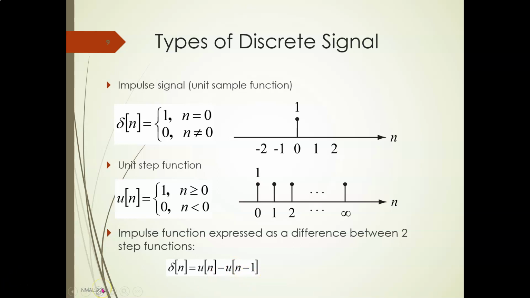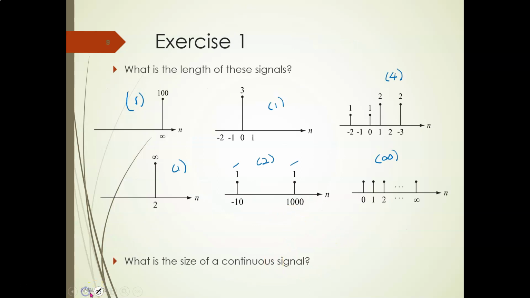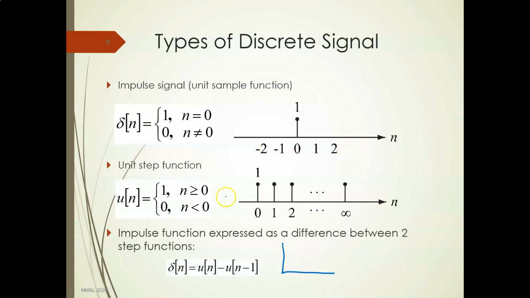If you want to perform any arithmetic operation for discrete signals, it's better for you to draw. So first you draw u[n], same as the figure here. It starts from n equal to 0, 1, 2, up until infinity, and the value here is 1. Then you want to subtract u[n minus 1].